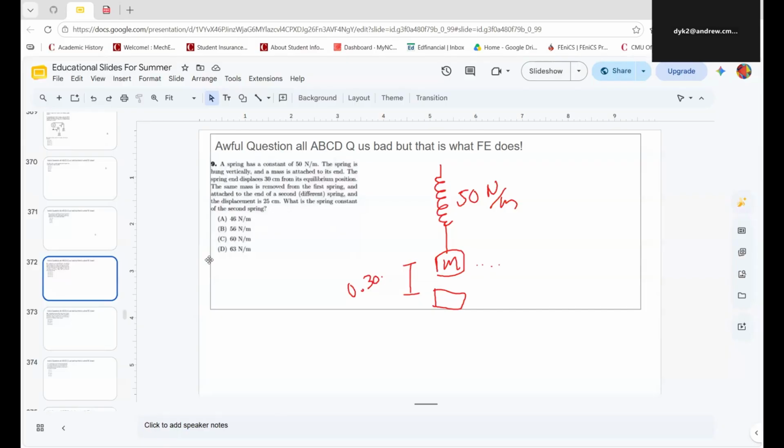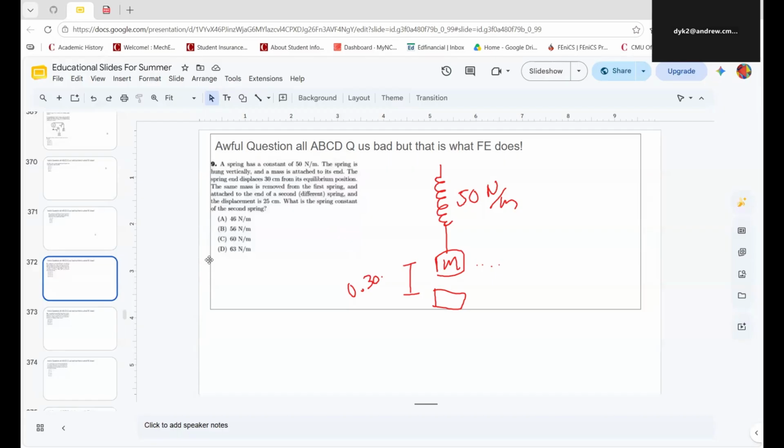There's two springs. Okay, interesting. Attached to the end of a second different spring, the displacement is 25. What is the spring constant of the second spring? Oh, okay, yeah, that makes sense. Yeah, that checks out. Okay.